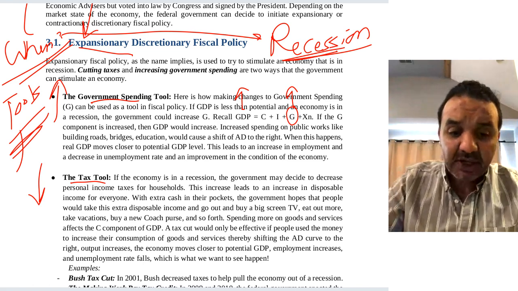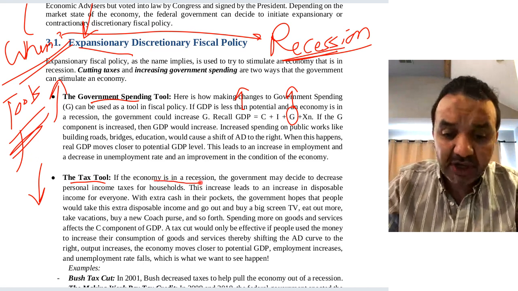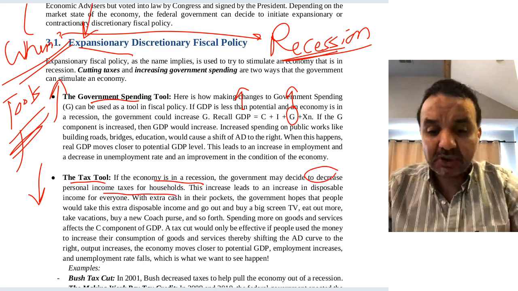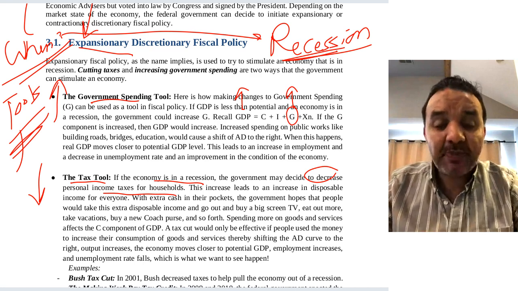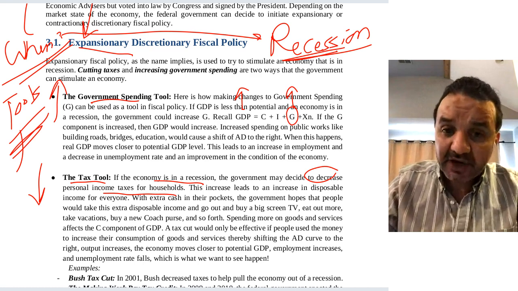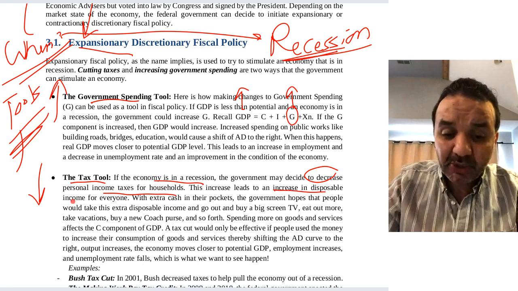Here is the rationale for lowering taxes in a recession. If the economy is in a recession, the government may decide to lower the income taxes for households. Why? What will be the expected outcome of cutting taxes? If the government cuts taxes, this leads to an increase in disposable income for everyone.